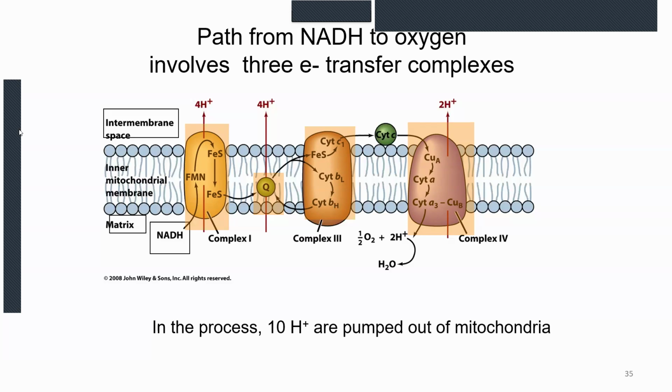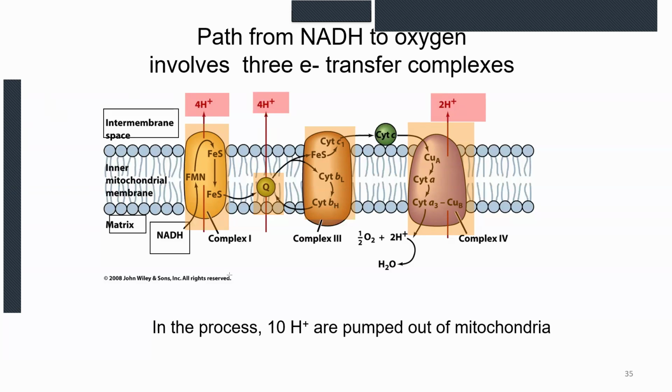The most important part of all this is that this transport of electrons is going to lead to the movement of protons to the intermembrane space. NADH is going to move a total of 10 protons across this membrane.